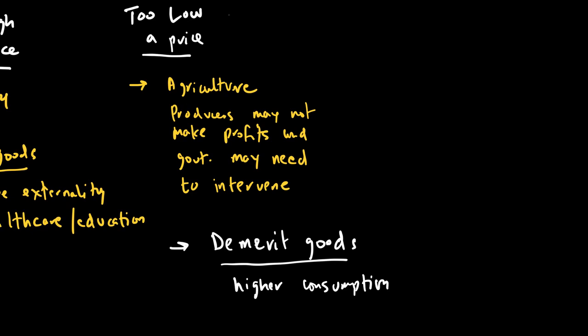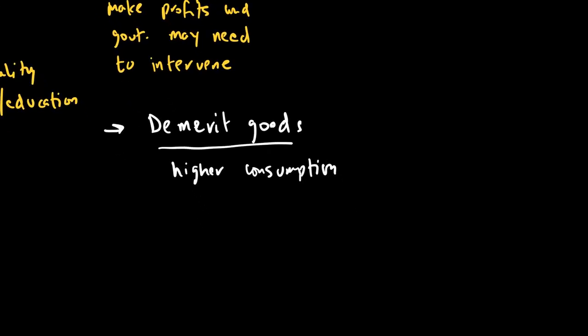A good example is cigarettes: if they are really cheap, a lot of people might consume them. That can lead to what we call passive smoking and poor health indicators, and that's why government may need to intervene, in terms of taxes or price controls, so that it leads to lower quantity and therefore lower negative externalities caused by these demerit goods.